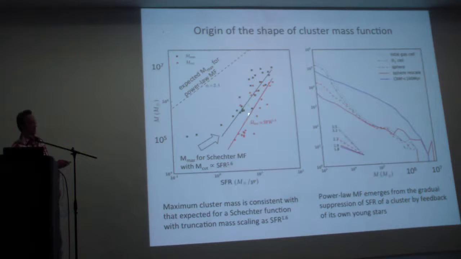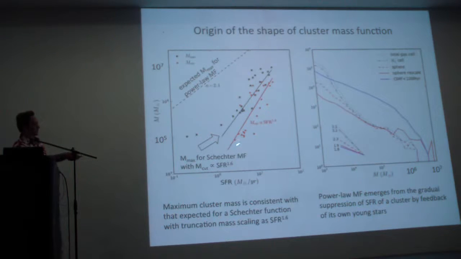And the cutoff mass, if we fit the Schechter function, the cutoff mass here also scales with the star formation rate. And we can take a simple relation, just check for consistency. Is the Schechter function a good description of the true shape of the cluster mass function?